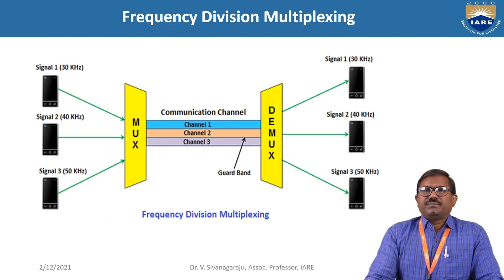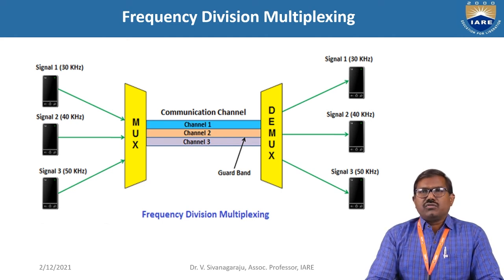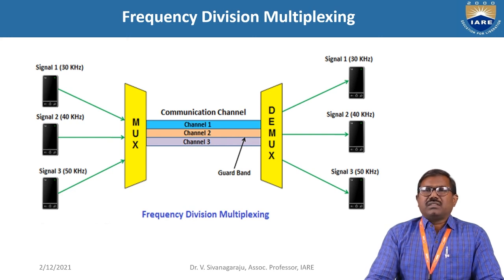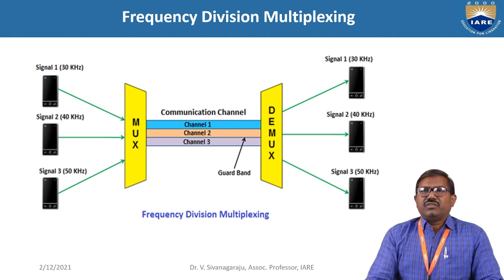This is the actual picture of FDM, frequency division multiplexing. Different signals of different frequencies are given to the mux. The multiplexer combines those signals and shares them over a single communication channel.